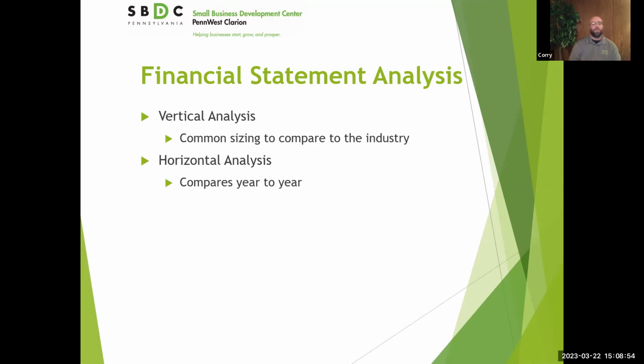Of course, with both of these vertical and horizontal analysis, if you have more questions or if you want help actually doing this, reach out to your local SBDC. The local SBDCs, we have the resources to know what are the industry averages for all of your businesses. I would have to say, especially if you're a for-profit organization, we should have that, okay?